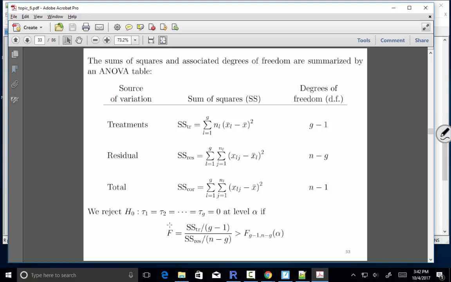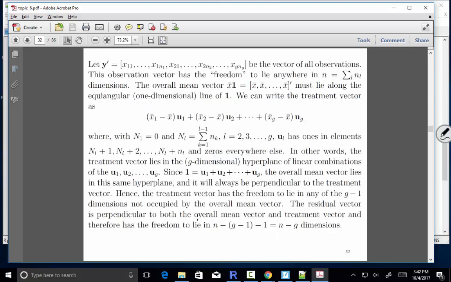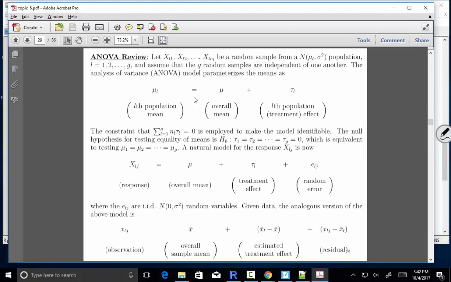Our null hypothesis in univariate ANOVA is that, remember, our model statement said the mean for group L can be decomposed into a global mean and a group L specific effect. In ANOVA, we're asking, is there any difference in the means across the groups? Does treatment have an effect on the average?